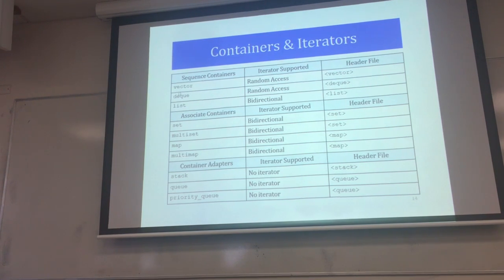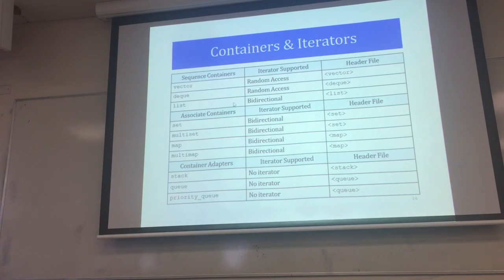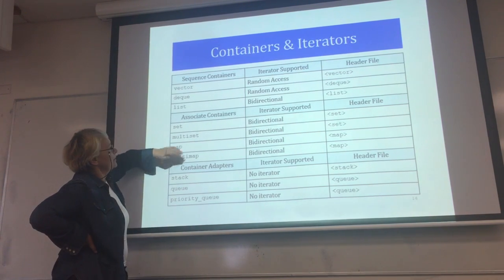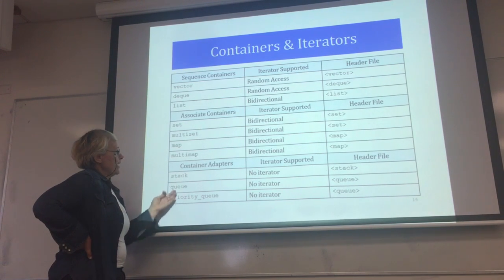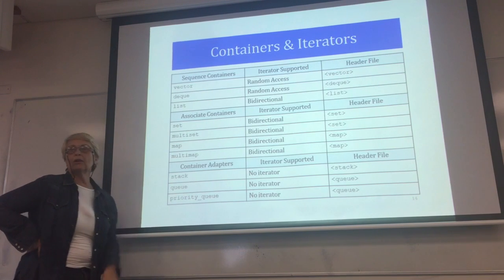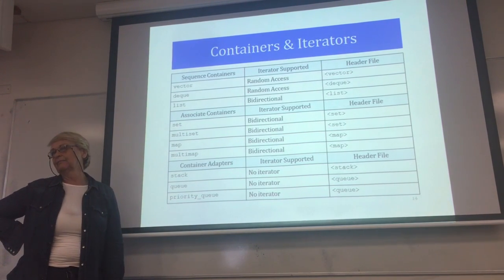As I said, only 2 containers provide random access. Then we have these bidirectional iterators for all other 5 types. Be aware, container adapters are not designed to jump in the middle of a queue or to jump in the middle of the stack.